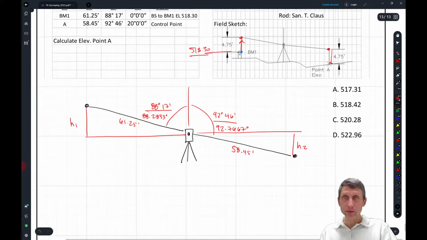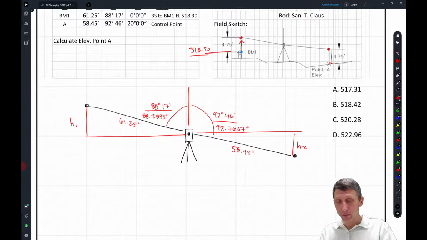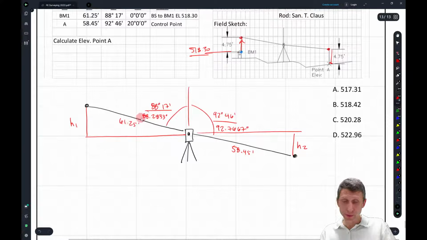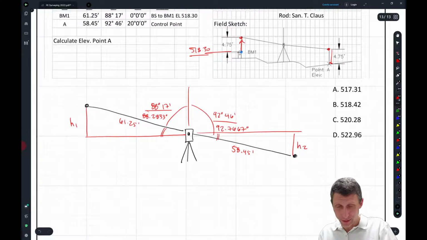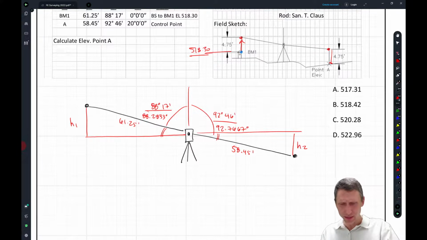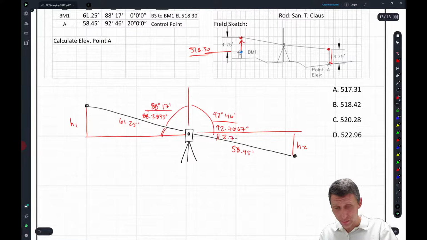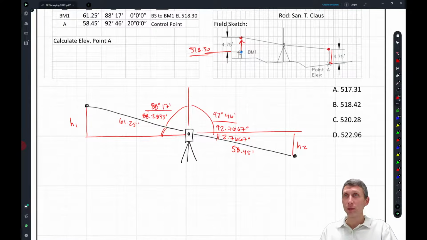So let's use some basic trig here. If we know this angle is 88.2833, I can do this a couple ways. I can find this angle here and this angle here. This shouldn't be too crazy. This angle is the easy one, 2.7667 degrees. And what's this one?